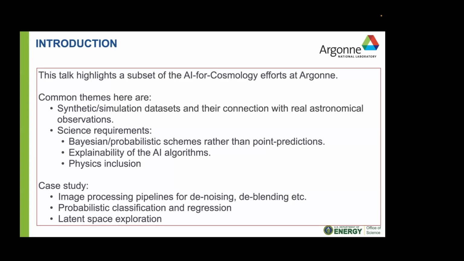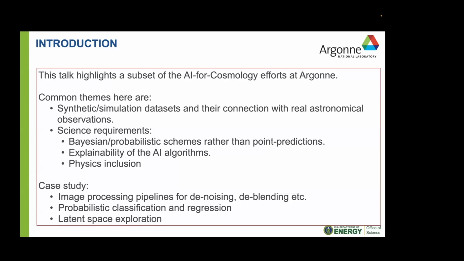Then, specifically when we deal with AI, there are certain science requirements. In a lot of physics problems, we are really focused on getting error estimates on our results. So instead of point predictions, we are generally more interested in probabilistic results. Explainability is a very important aspect as well.